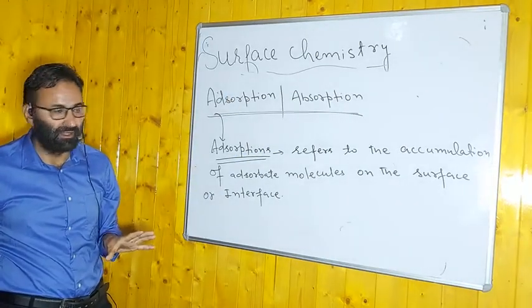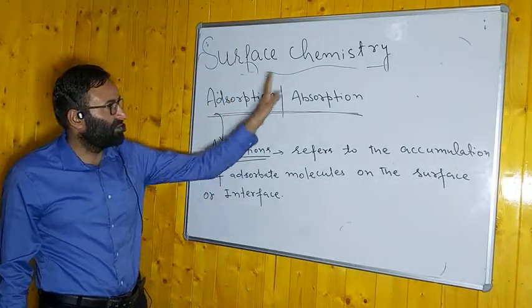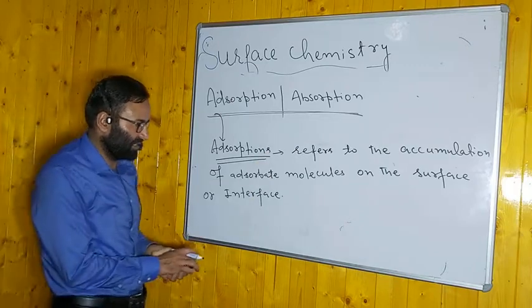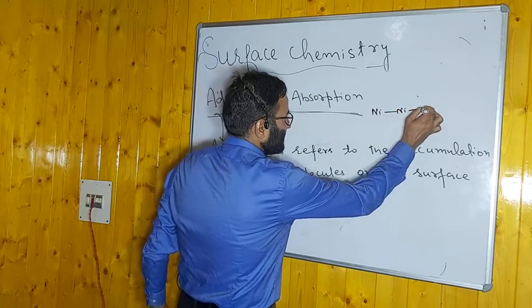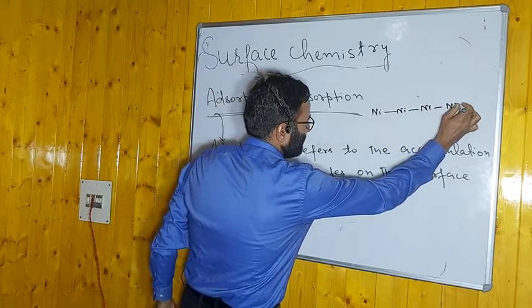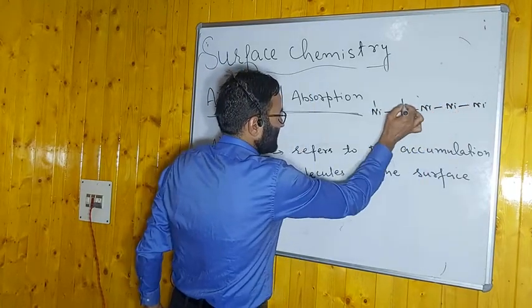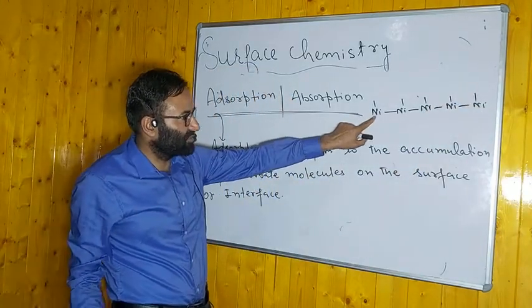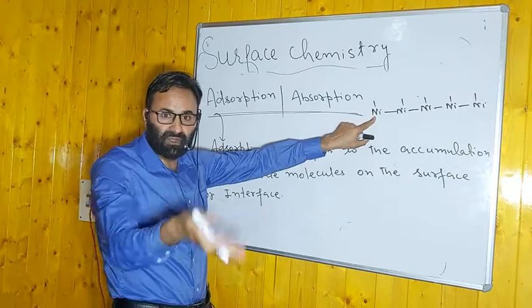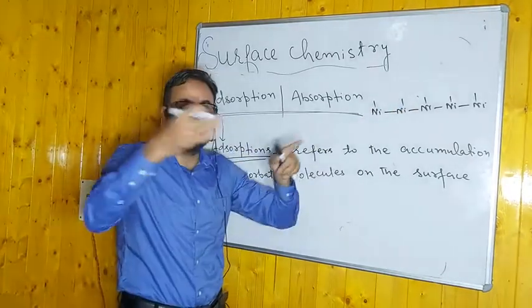For example, if you have a metal surface, we have mentioned in the examples that a metal surface can be an adsorbent. We will discuss it in the mechanism of adsorption. There are free valencies on the surface.